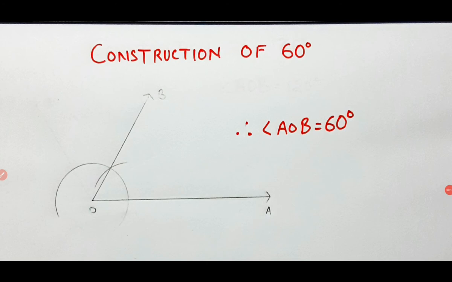Thus I can write a B at the top such that angle AOB becomes 60-degree. So I hope you have understood the construction of 60-degree. Now let us go to the construction of 120-degree.